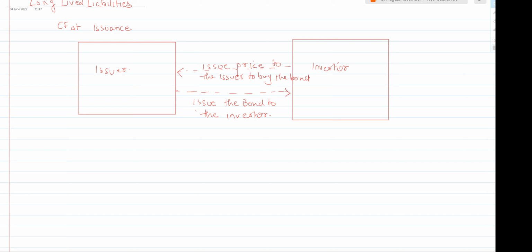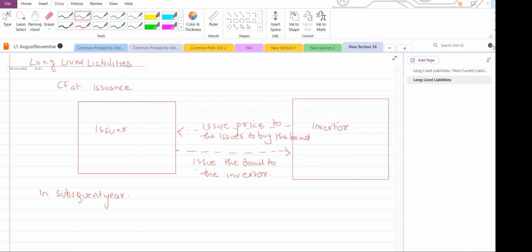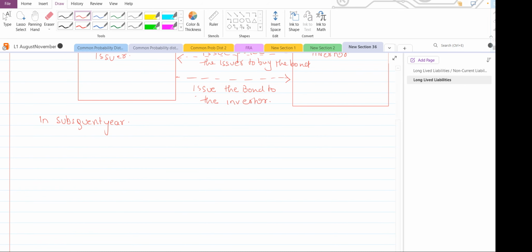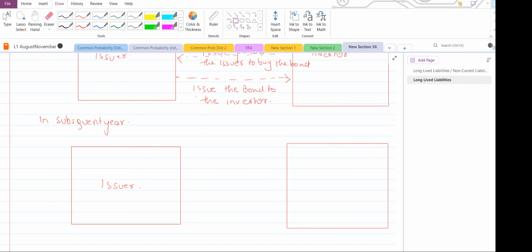Now, in subsequent years, what happens is, again I'll make those triangle and rectangles again. Issuer, investor.